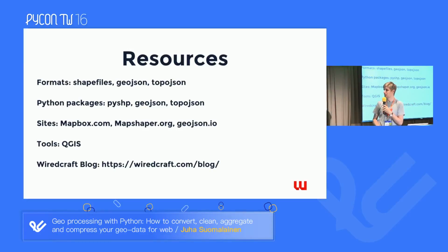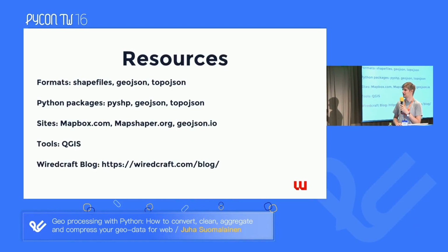Some of the websites or services that I use is mapbox.com. One good thing about them is that they have really good developer documentation. If you want to create a Choropleth, they have an example of how you create a Choropleth and very well documented code. Mapshaper.org, go there to simplify your shapes and play around with the GeoJSON.